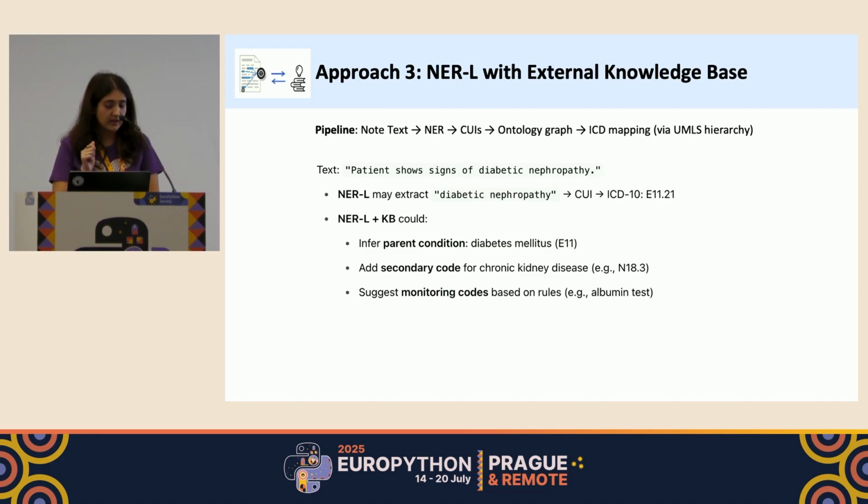It would tell you this is diabetes mellitus, the parent is diabetes mellitus, which is E11. It would also add a secondary code for chronic kidney disease, which is N18.3. It would also suggest some monitoring codes based on the rules. So what I'm trying to say here is that it gives you a lot of additional information for a specific condition in your text. And if for your use case, you really need to know that much information, this might be the best approach to use.